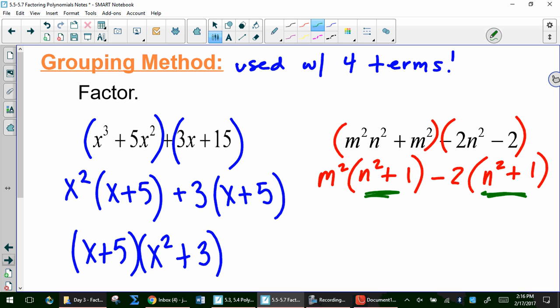But doesn't the sign in the middle go from the end over? So this is the plus a negative 2n squared. So you're looking at it differently. Okay. So now your GCF is n squared plus 1, and what's left? N squared minus 2.